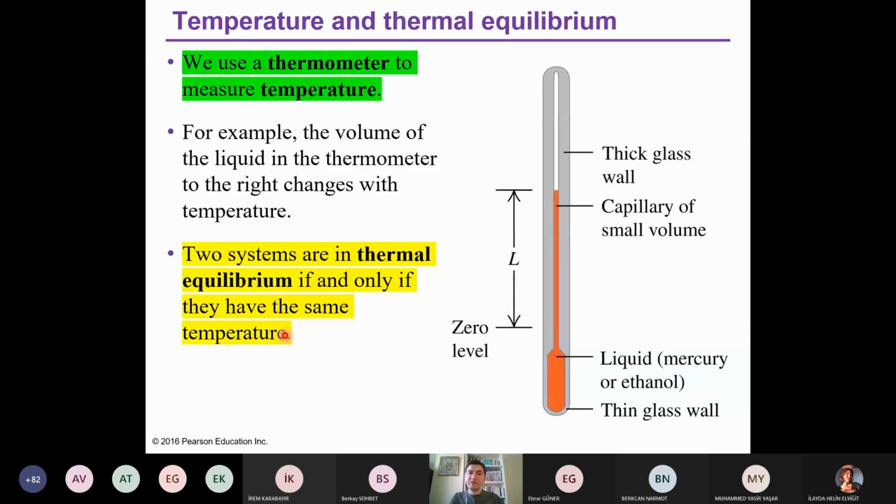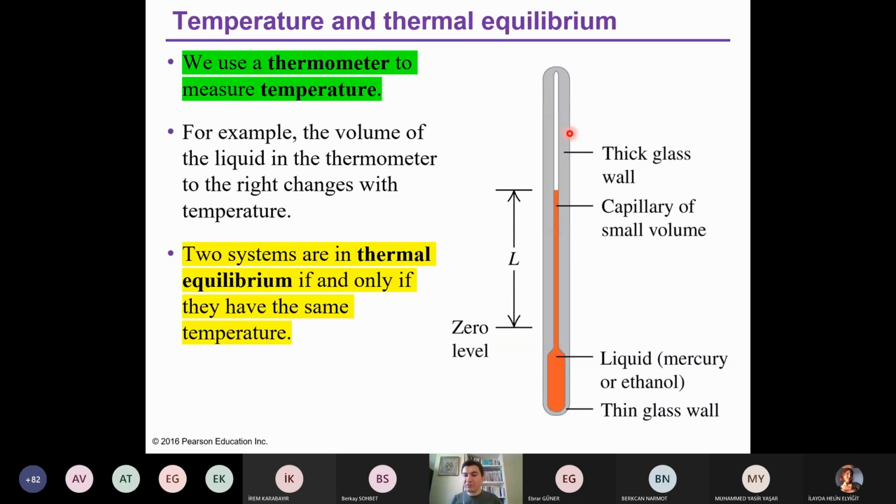We use thermometers to measure temperature. Here on the right side, you see a thermometer, a very common one. Within the thermometer, we have a volume. Within this volume, there is a liquid. It can be mercury or ethanol, okay? In addition to that, this thermometer is made from thin glass wall.